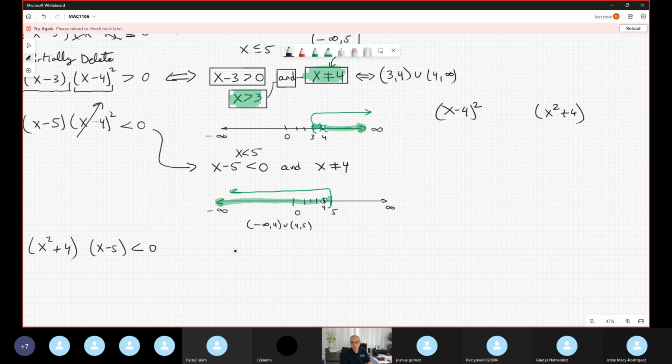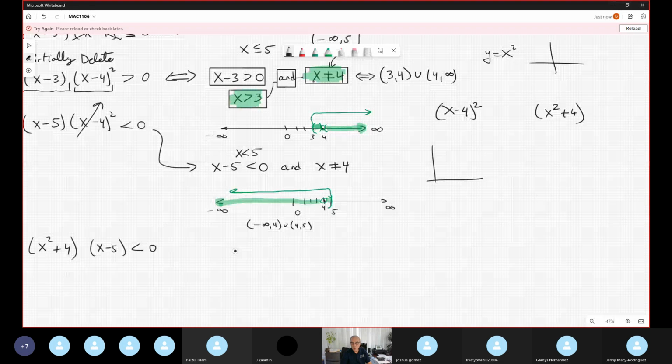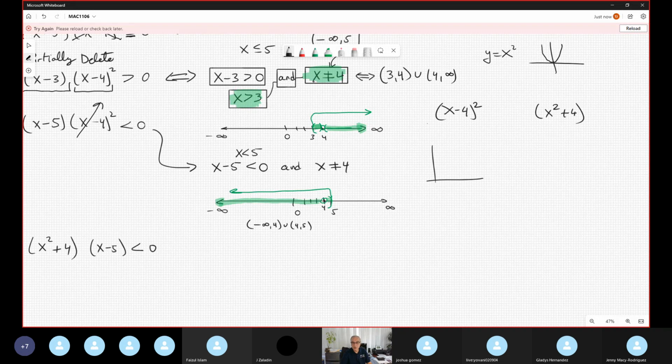This comes from the parabola. The parabola that everyone knows, y equals x squared, is a parabola that opens upward. However, using transformation, this factor is a horizontal shift 4 units to the right: 1, 2, 3, and 4. This is my new parabola corresponding with this expression. It's obvious, look at this graph.